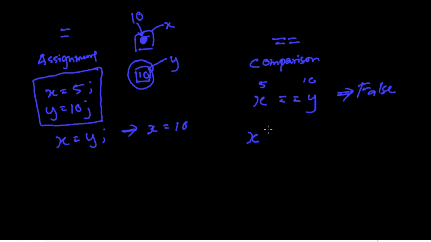Now the next operator we'll study is this, not equals or not the same. Now let's look. x is not equal to y. x is 5, y is 10. 5 is not equal to 10, true or false?